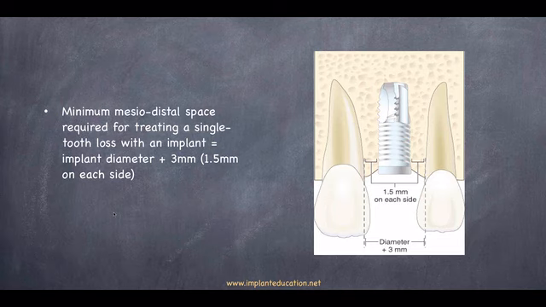So I would need at least 7 millimeters between 2 natural teeth in order to place a 4 millimeter implant, and for the restoration of that implant to look nice, for the papillae also to look natural and all that. So that's a very easy question. Now you can push that and be as close as 1 millimeter to the root next door, but we're talking about ideal positioning, and again 1.5 millimeters on each side of the implant plus its diameter.